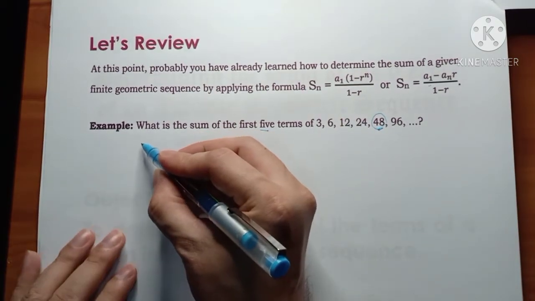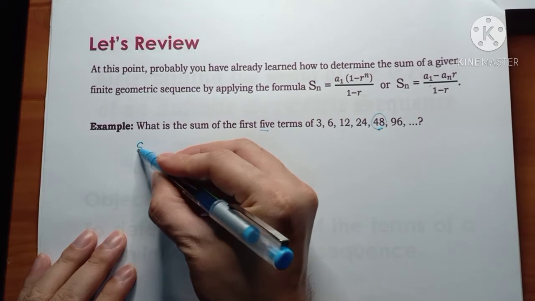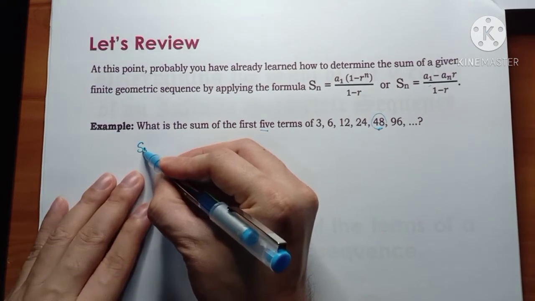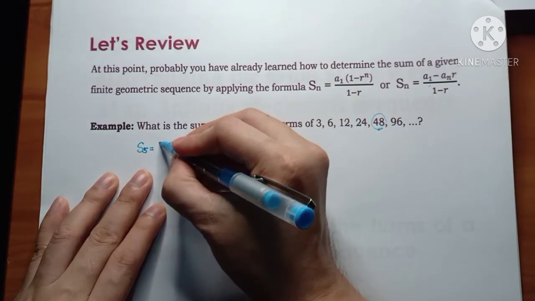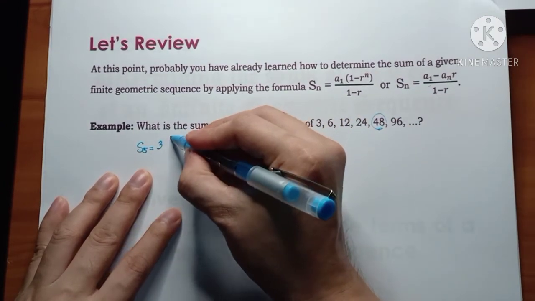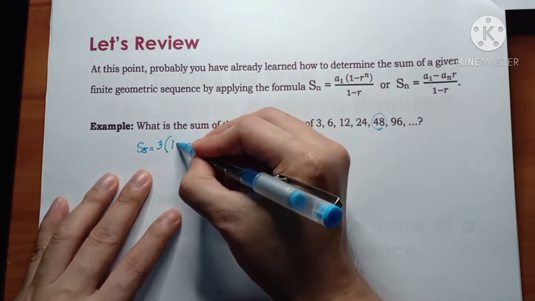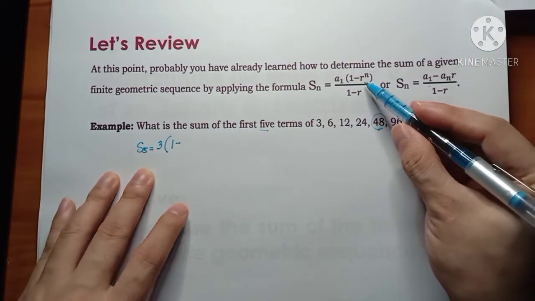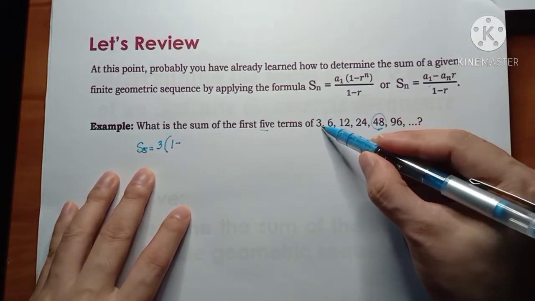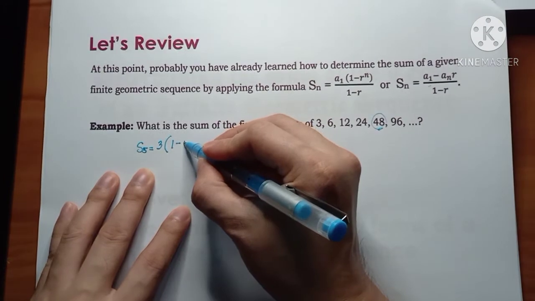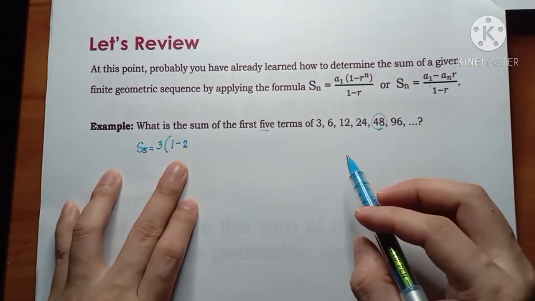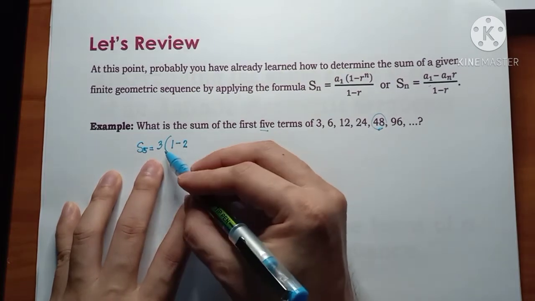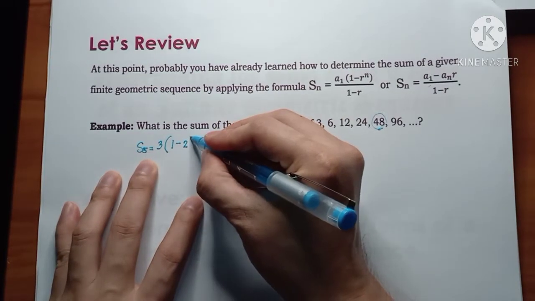So if we have S of 5 is equal to, ang ating first term is 3, and then we have 1 minus ang ating R is 6 divided by 3 is 2, and then ang ating N is 5 since this is the 5th term.